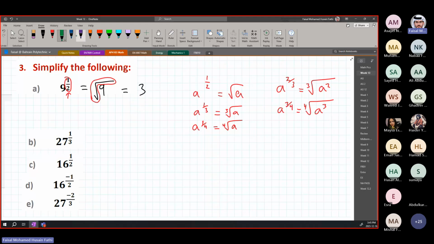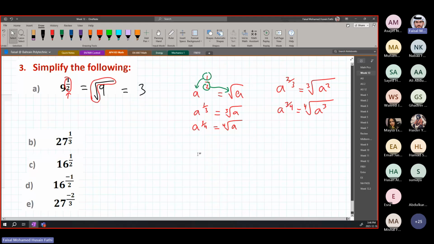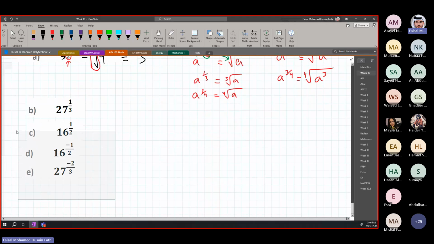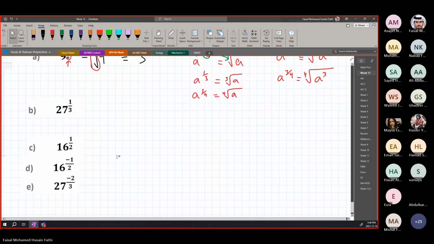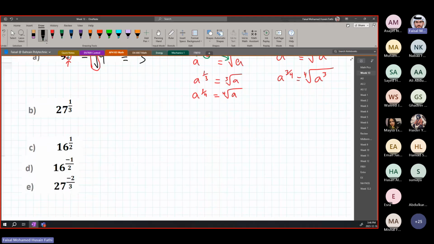The top number is the power of a. The bottom number is the root of the variable or of the value. That's the whole concept you need to understand. So, moving on, we have 3 in the denominator and 1 in the numerator.